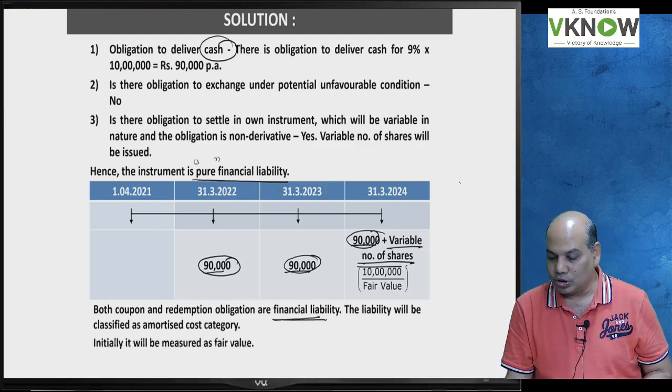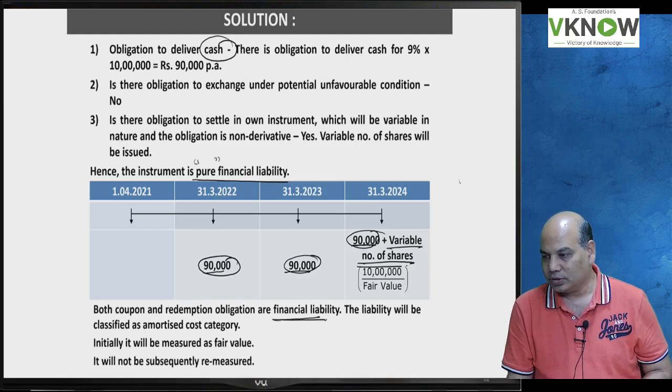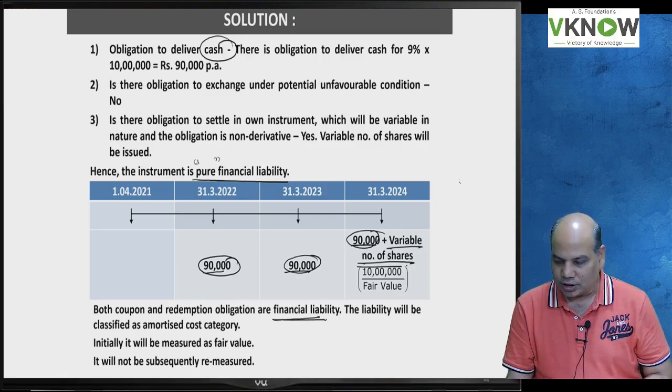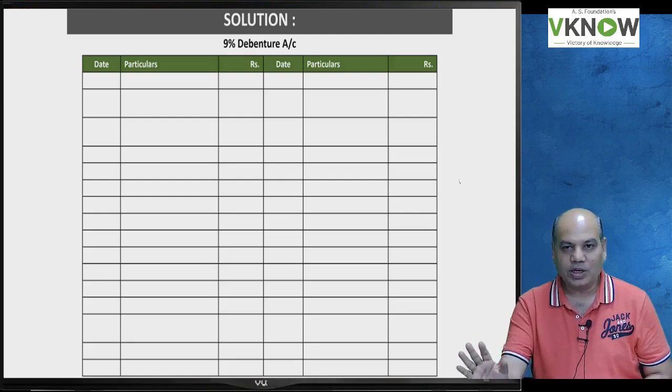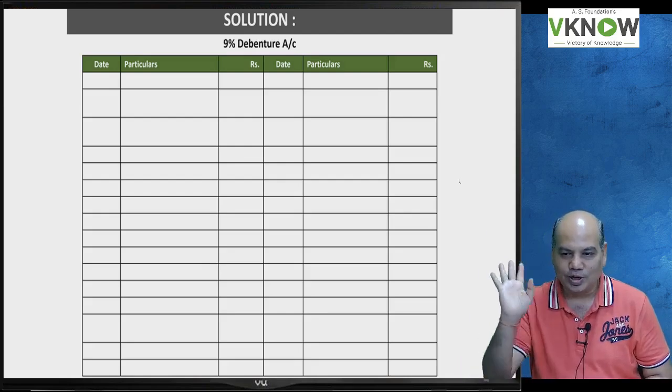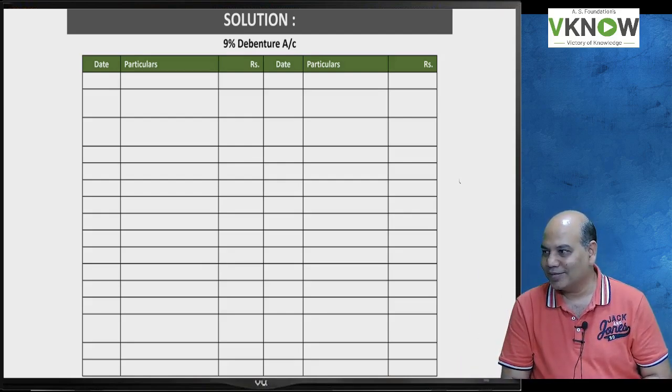On your own, don't assume anything. So you will say it will be an amortized cost instrument. Initially measured at fair value. Fair value is proceeds minus transaction cost, which is 10 lakh. Subsequently it will not be remeasured. So this question is, be happy, like your intermediate only, because coupon rate and EIR are the same.